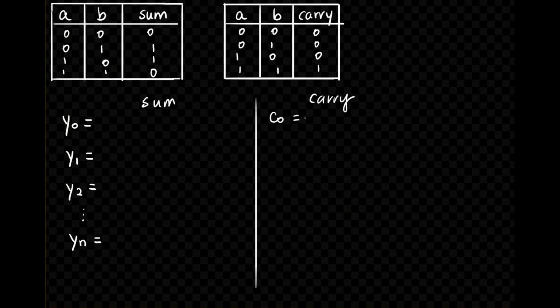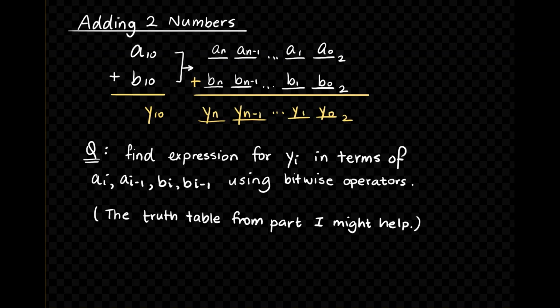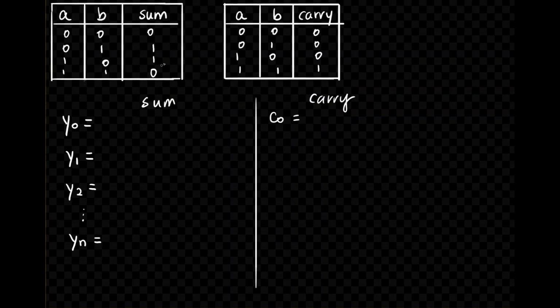So the sum for y0, and if we look at this side here, is going to be a0 plus b0. We can construct a0 plus b0 by checking if only one of these items is bit level high. And if only one of them is bit level high, we get bit level high as the sum. Otherwise, we get 0. So the sum we can just represent as a0 XOR b0.